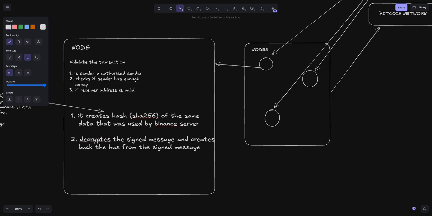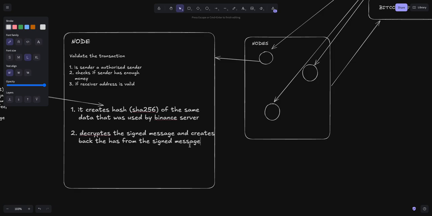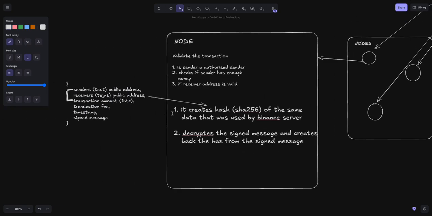I mean, I hope you understand here. It decrypts back. Now, once it decrypts back, what do we get? We get the hash. And we have also created a hash from here.